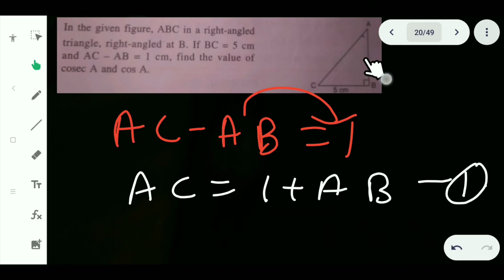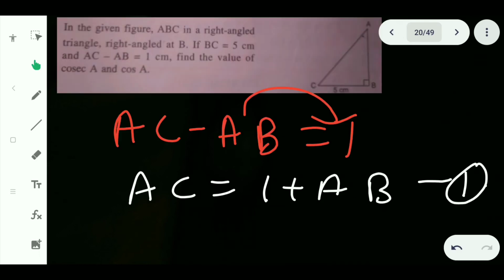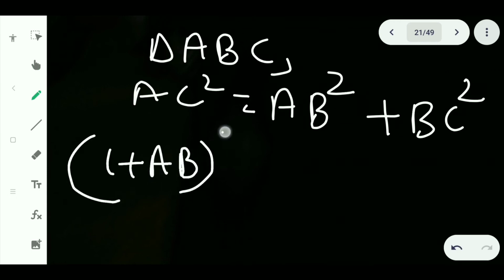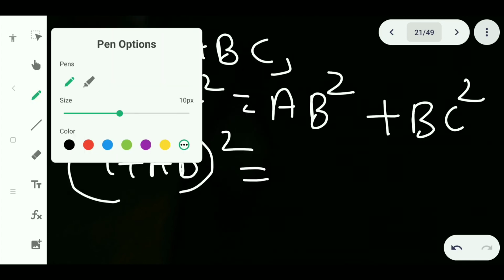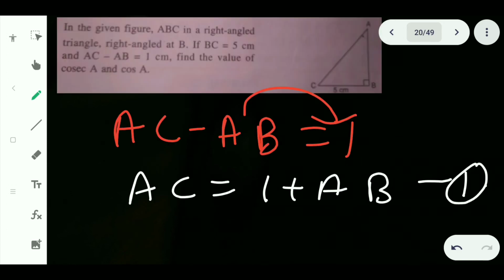So this is, AC is 1 plus AB, whole square, is equal to AB square, which is also unknown, plus BC square. BC is nothing but 5 square, 25.